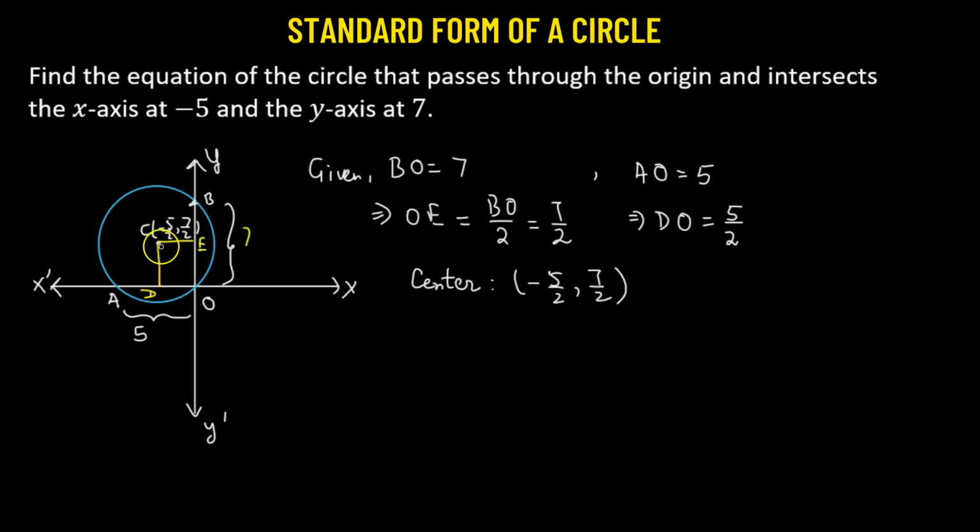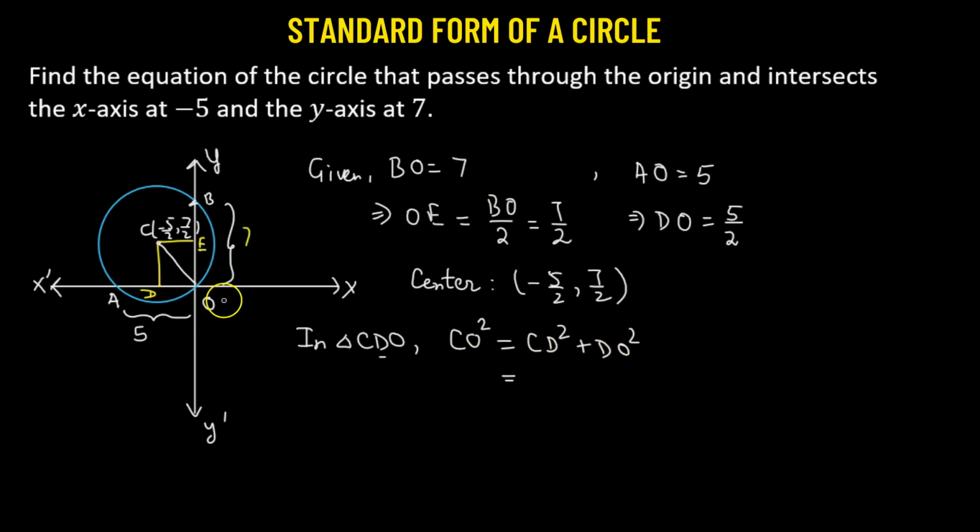That's pretty easy. All we have to do is join CO. For this, we'll have to consider the right angle triangle CDO, which is right angled at D. So we have CO squared. This is the length of the hypotenuse CO. We square it, and this will be equal to the sum of the squares of the other two sides. That means CD squared plus DO squared.